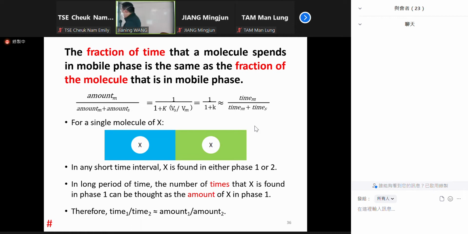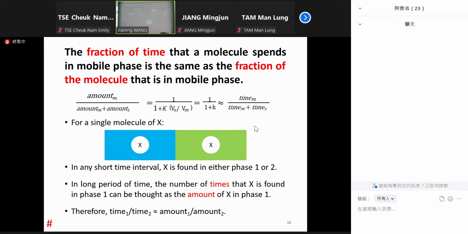So in here we get the time. When we consider from single molecule to a mass batch of molecules, we can build a rough relationship.